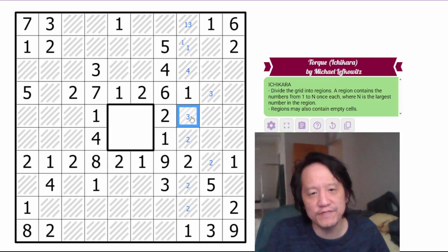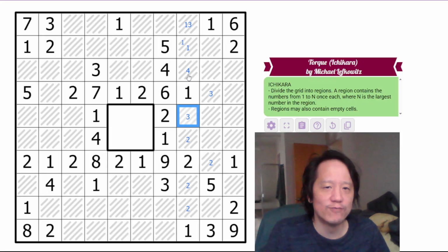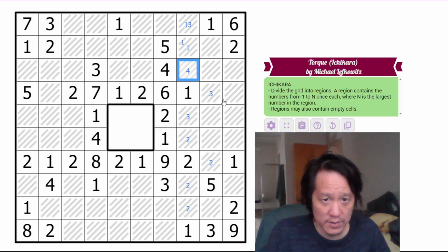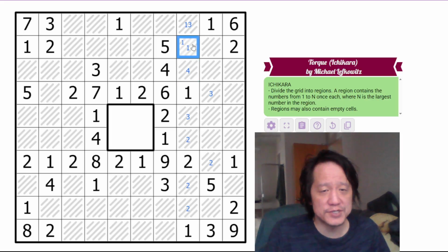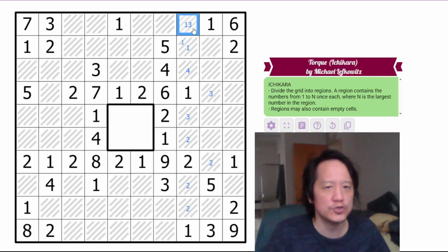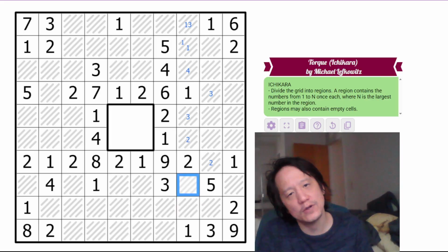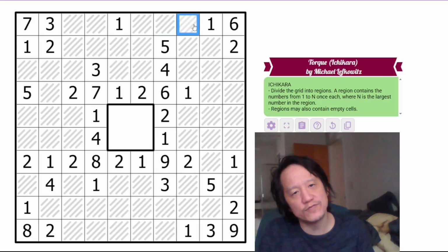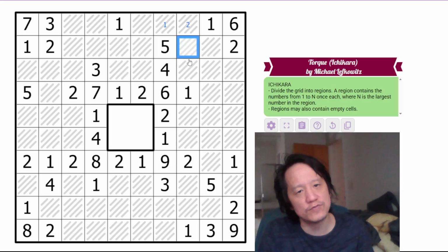We have 1 5 region. We have 1 3 region. And we have 7 2 regions, which means the digits 1 and 2, and then 2 1 regions. So for regions of size 1, we have 2. For regions of size 2, we have 7.